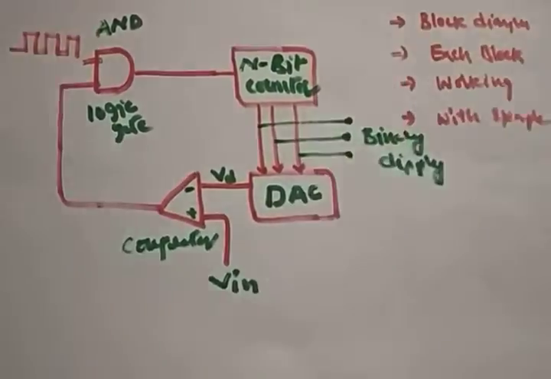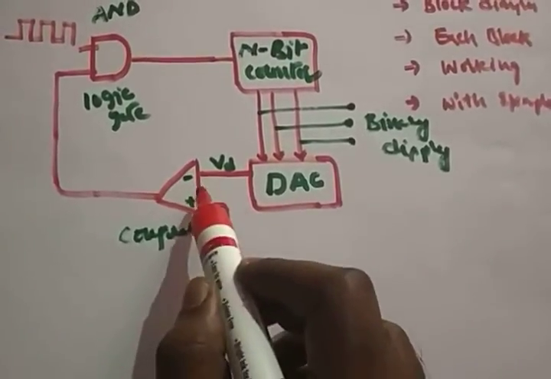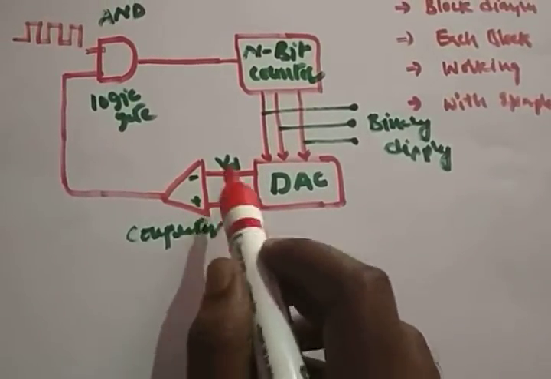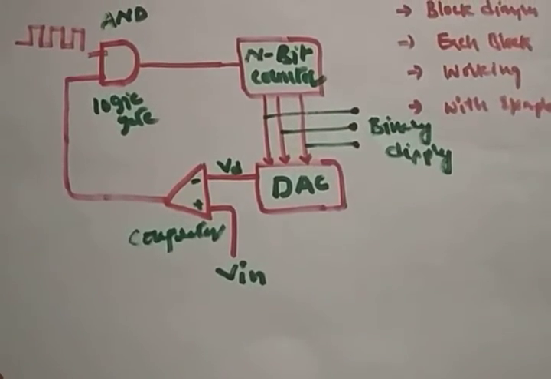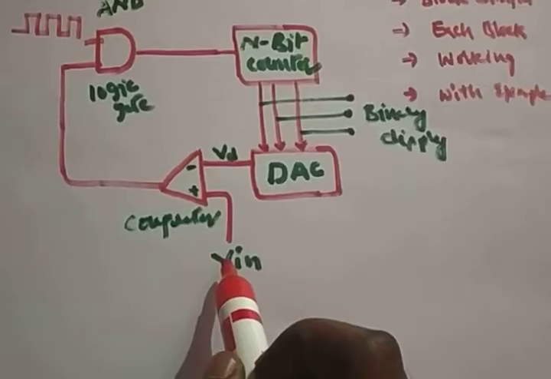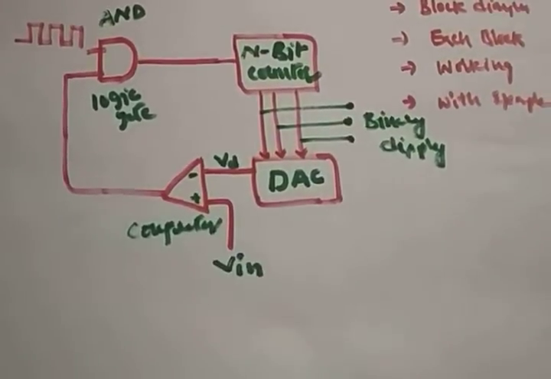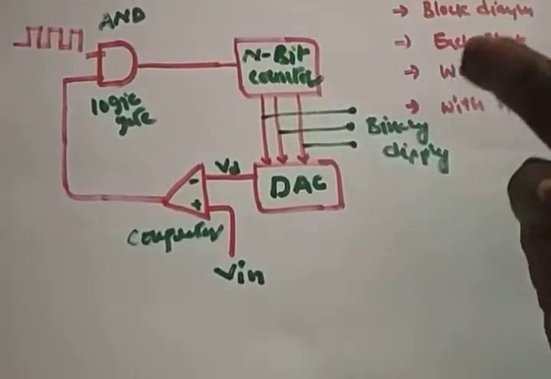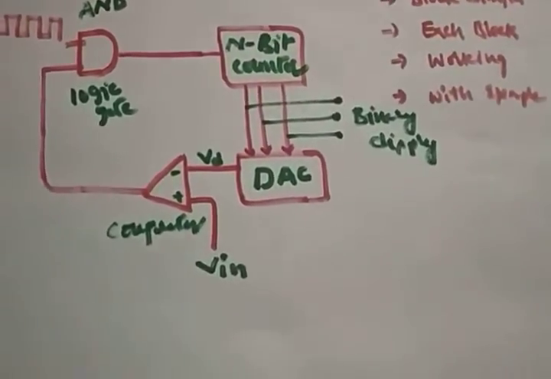The comparator requires analog data only, so the digital data from the counter is converted to analog form. The other input given is the unknown voltage.